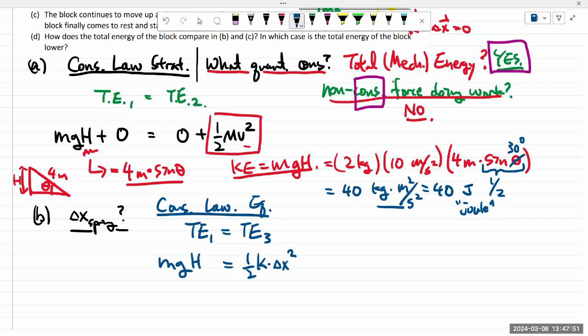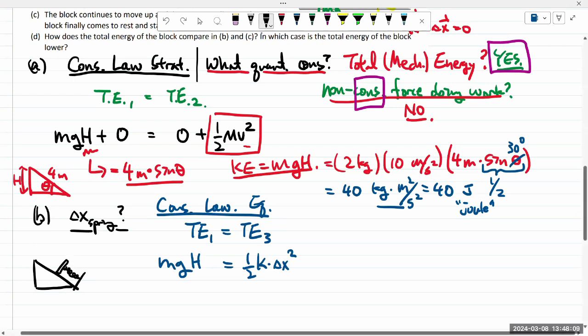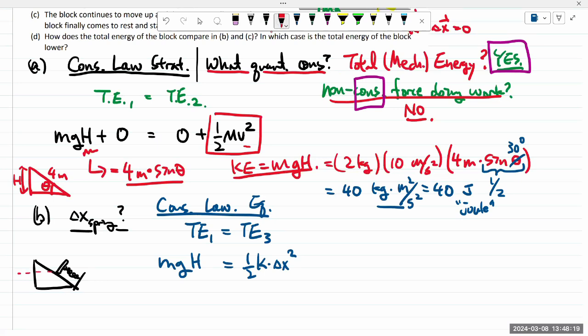And here's something that has surprised a lot of people. There's a gravitational potential energy for you to worry about. It's a matter of how we define your reference. If I defined my reference so that it's aligned with the relaxed or load-free position of the spring, where we are setting y equal to 0 for convenience in part A, then you are going to see the block deep below y equals 0.